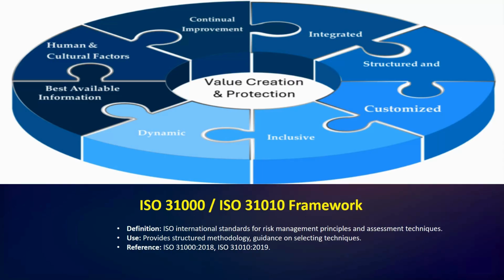So actually we have the international standard for risk management, ISO 31000. This is your go-to guide for the principles and guidelines for risk management. It's not a set of rigid rules, but a framework you can adapt to any organization.